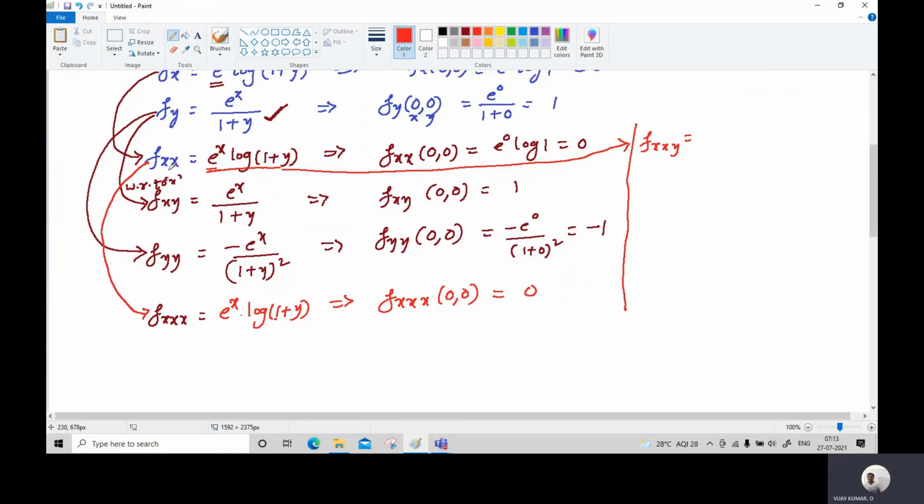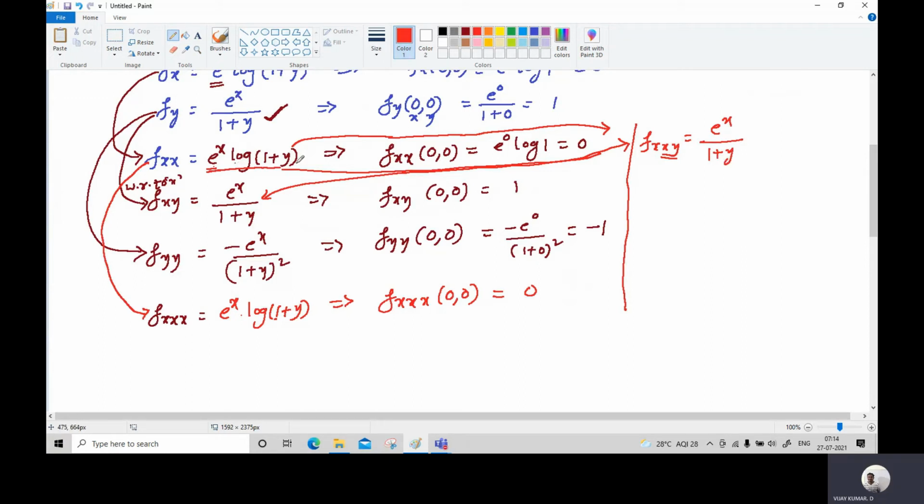If you take another partial derivative with respect to y here, we have to take partial differentiation with respect to y. Otherwise, we can also find this partial differentiation from fxy, from this one also. If you take this one, we have to take differentiation with respect to y. If you take this one, you have to take partial differentiation with respect to x. Surely we will get the same result, which is e power x by 1 plus y.